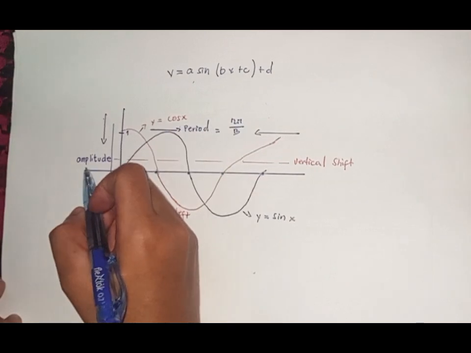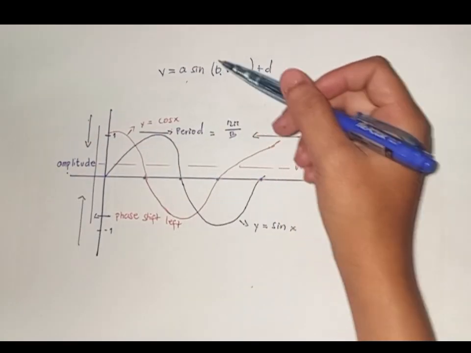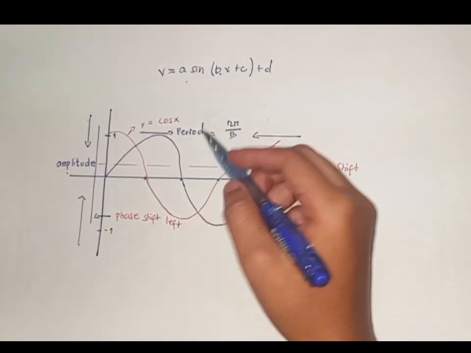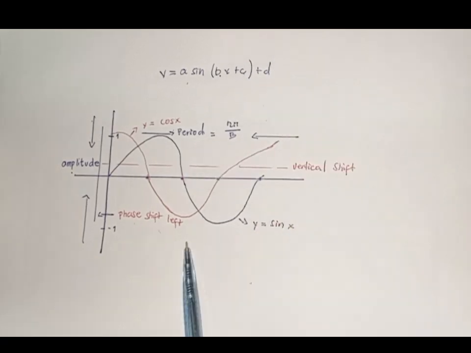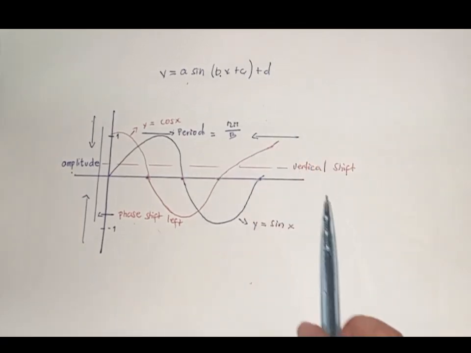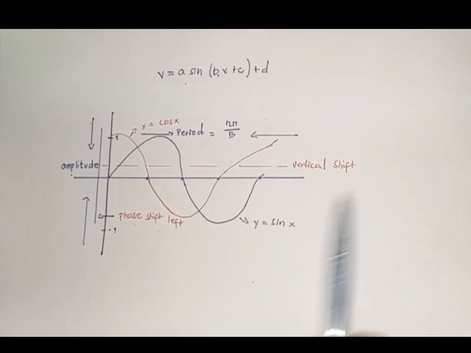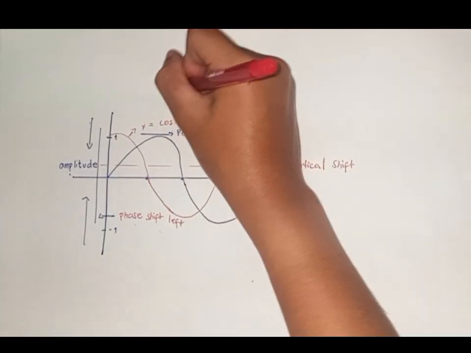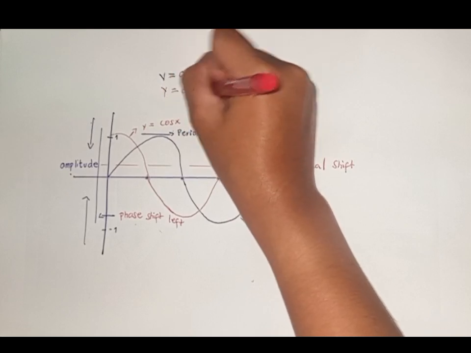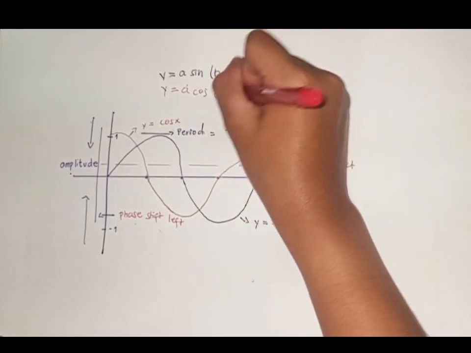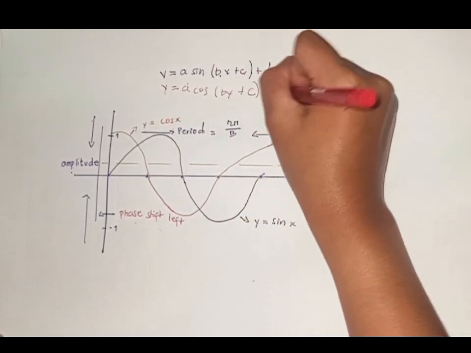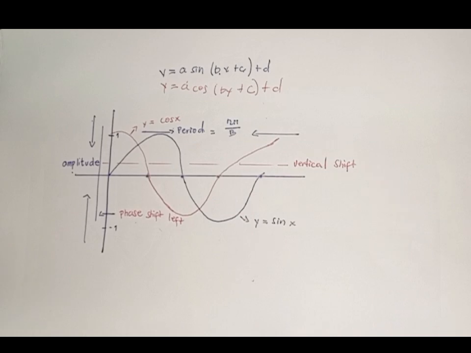A stands for amplitude, b stands for the period, c stands for phase shift, and d for vertical shift. And for cosine, we have y is equal to a cos(bx plus c) plus d. So the sine and the cosine functions have a similar general form.